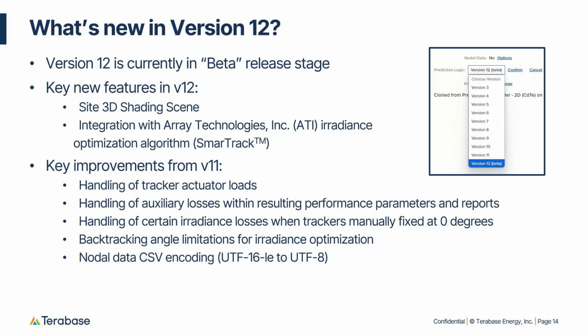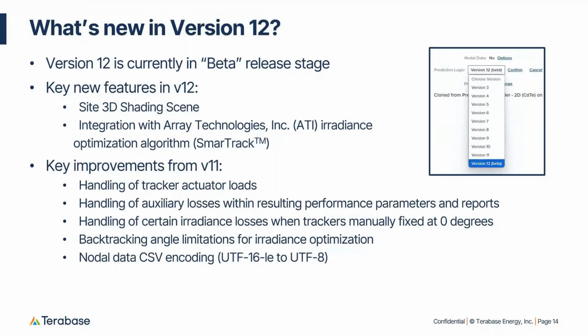We've implemented some improved handling of auxiliary losses within certain of the output performance parameters. We've corrected some of the irradiance loss calculations when trackers are manually fixed at 0 degrees. So why would you want to manually fix your trackers at 0 degrees in the prediction?